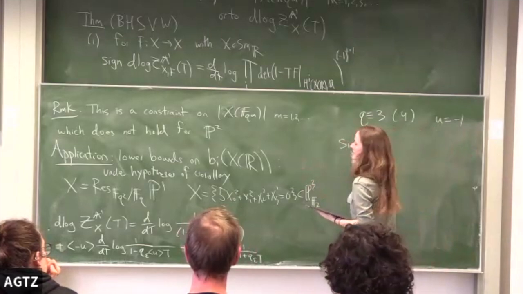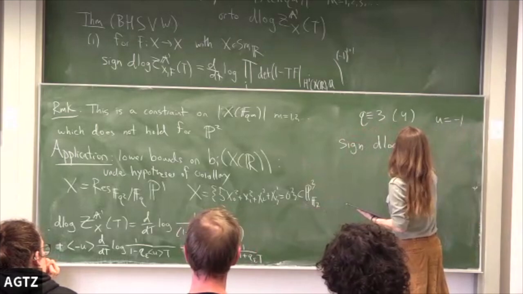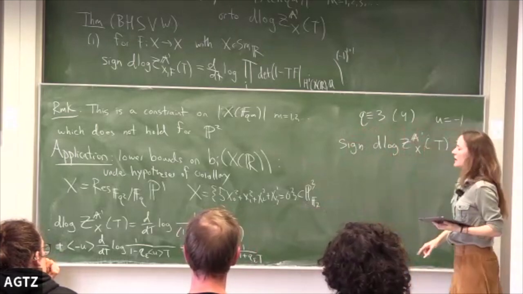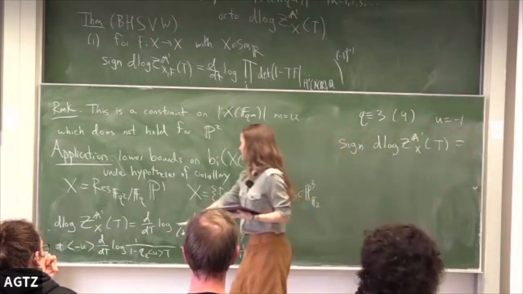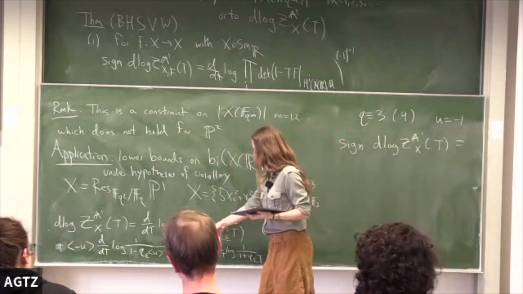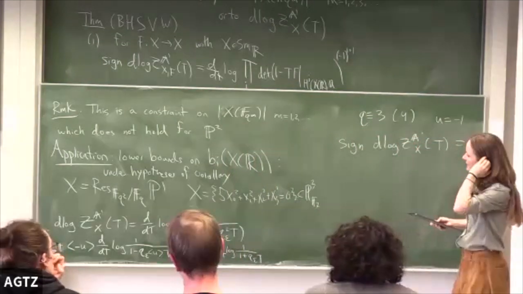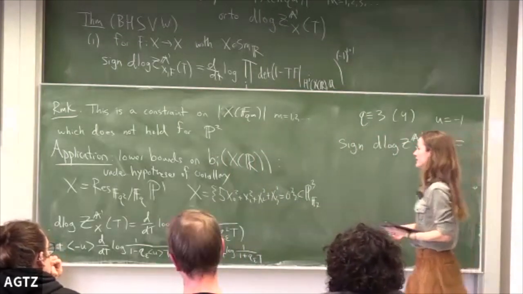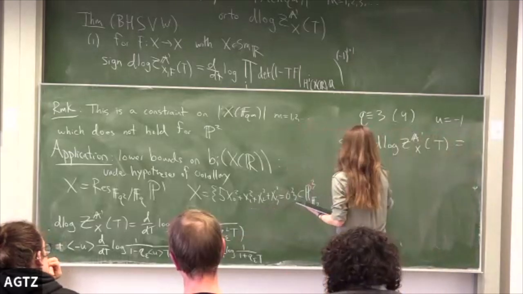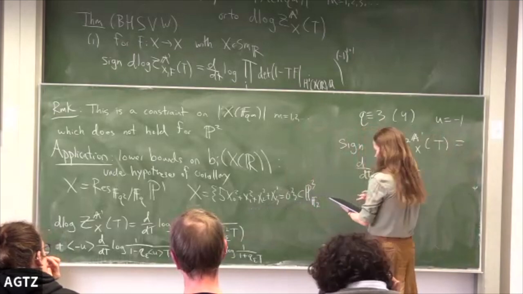So we can take the sign of d log zeta A1 of X at t, and that is 1 minus t times, q^epsilon is going to have sign 1, so is q^epsilon squared, so that looks like d by dt log 1 over 1 minus t squared.